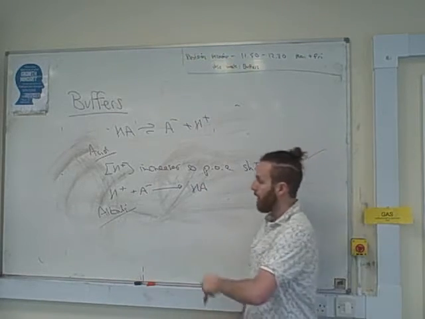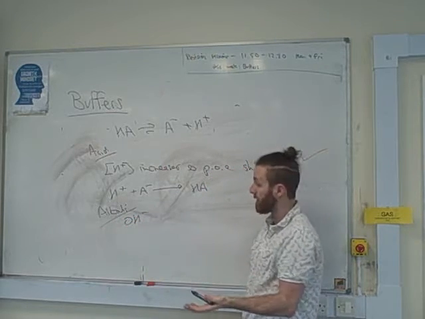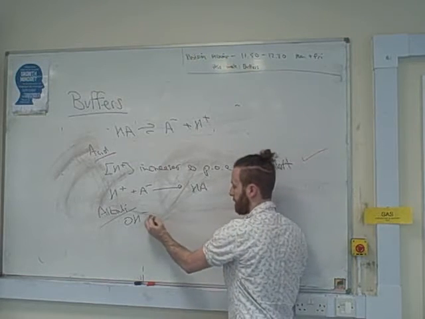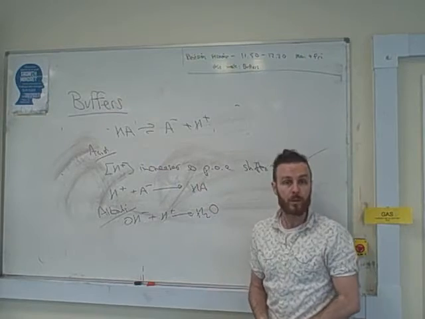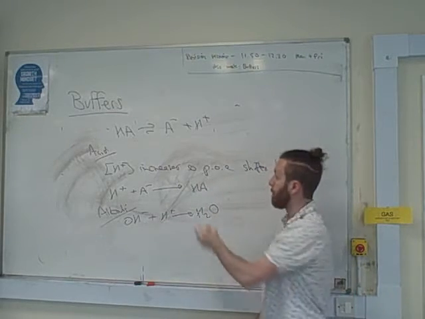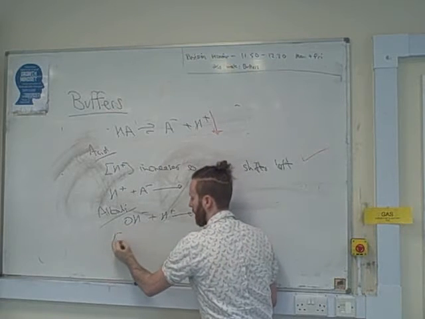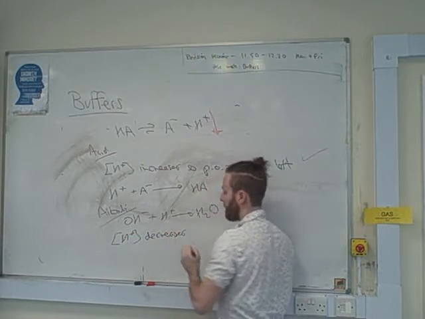Welcome back. So with an alkali, what we're adding is OH-. What's that going to react with? Well, it's going to react with the H+ to make water. And so what are we doing? We are using up the H+, so we're going to decrease the concentration. H+ concentration decreases.